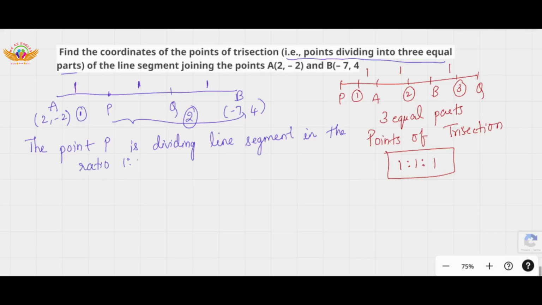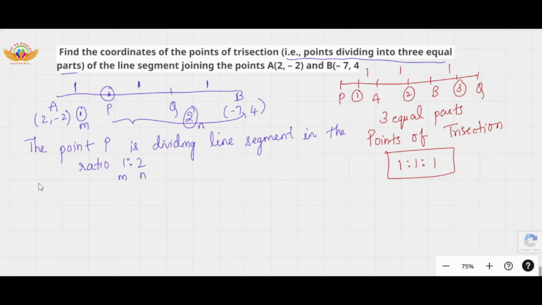Did you understand why I'm doing this? Because I have the section formula with me. To solve the section formula, I want only two numbers, m and n. So that's the reason I'm choosing the point P here, taking m as 1 and n as 2, and I will find out the point P.